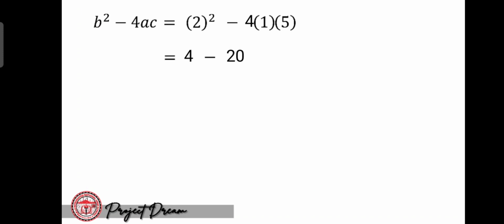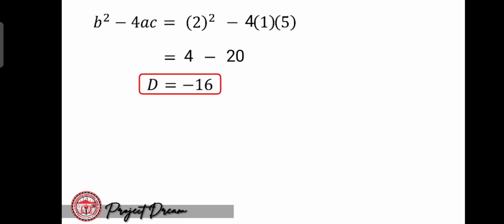What do you think is the answer? So what do you think is the value of our discriminant? Okay, the value of our discriminant here is negative 16 because 4 minus 20 is equal to negative 16.